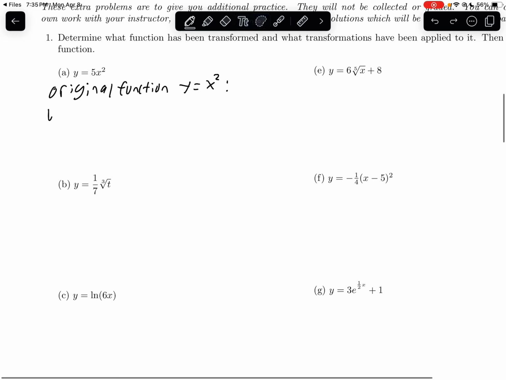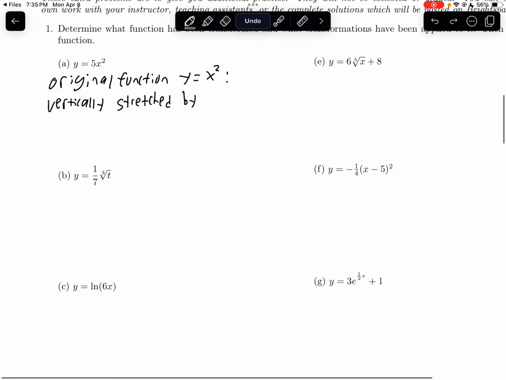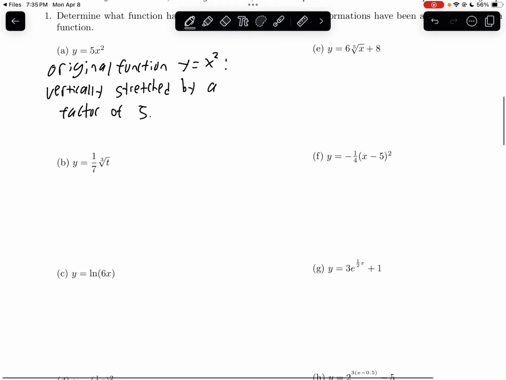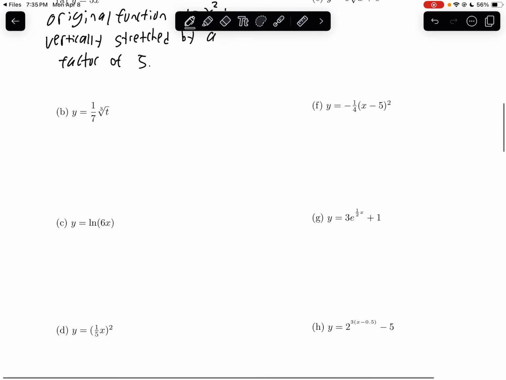That means you're vertically stretched by a factor of 5.